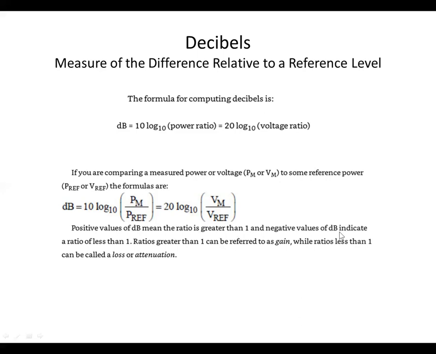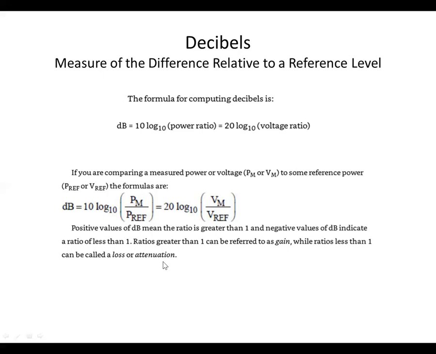And negative values of decibels indicate a ratio less than 1, which means you have attenuation. A ratio greater than 1 can be referred to as gain, and below that is loss or attenuation.